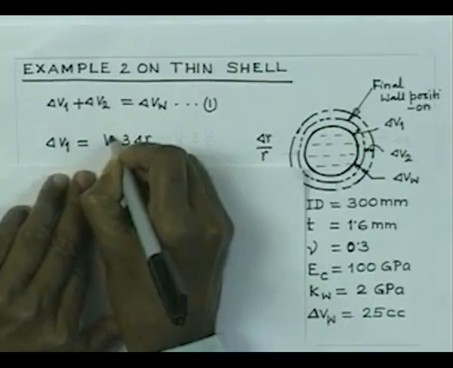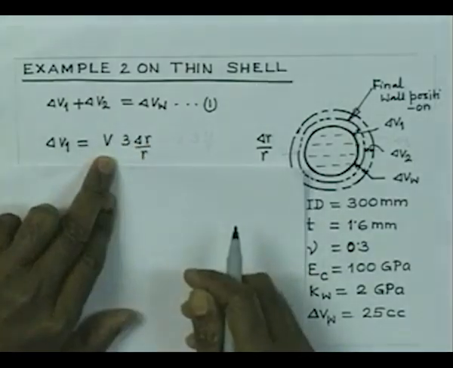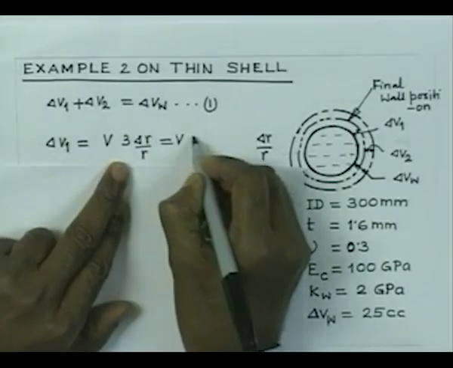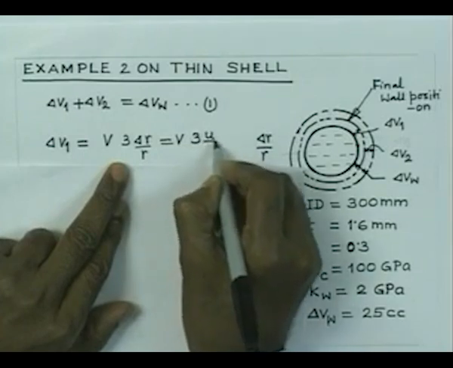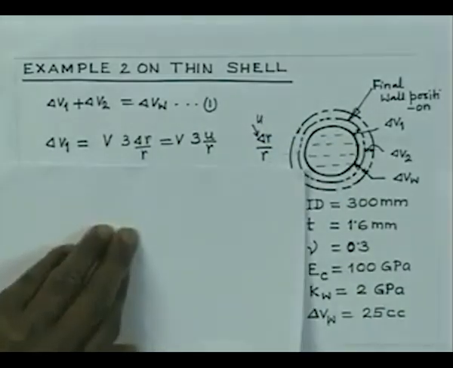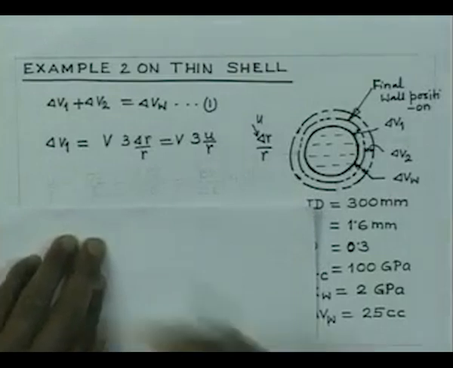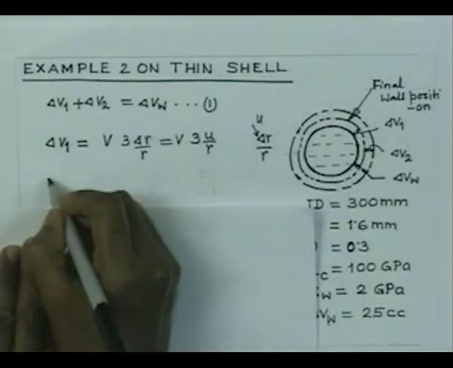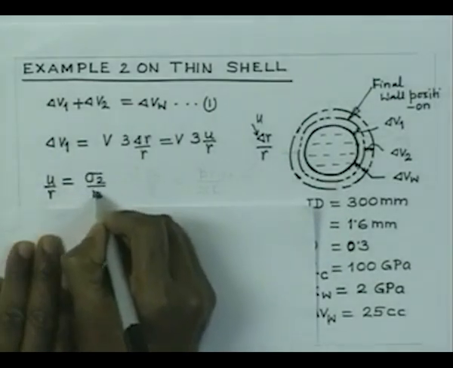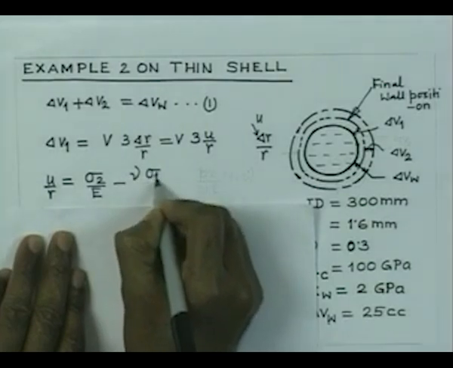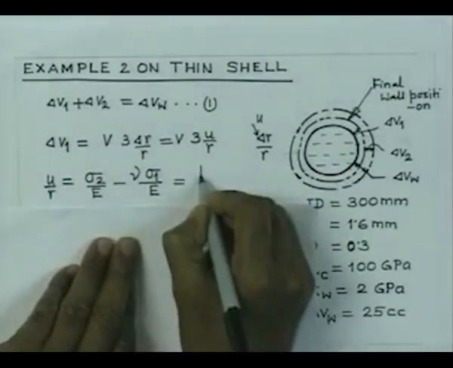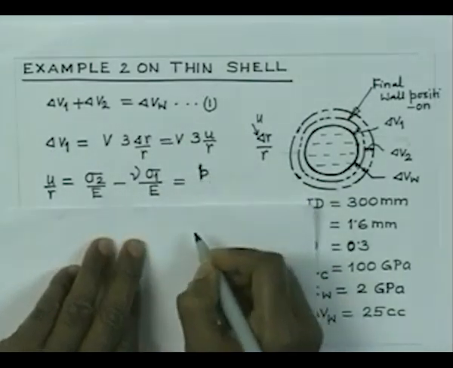So, the volume increase, if the initial internal volume of the sphere is V, is nothing but 3 times radial displacement of the wall divided by r times V. This delta r is nothing but u, the displacement of the wall, and for a spherical vessel you can calculate the hoop strain, which is u by r, given by hoop stress sigma 2 by E minus nu times axial stress by E. For the spherical vessel, both sigma 1 and sigma 2 are nothing but PR by 2T.